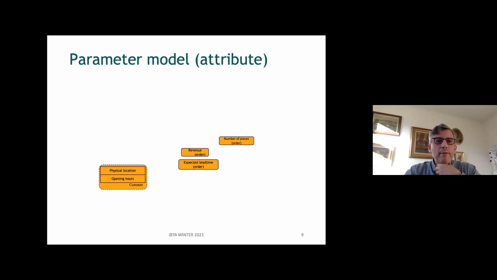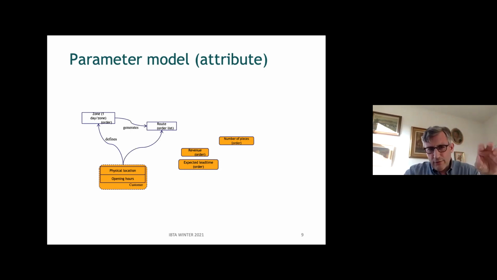But at least these parameters lead to, okay, you have, let's say, a type of order in a specific zone. And for each zone, each day they created a new route for the trailers. So all 3 trailers rode to those zones, and they had to define, okay, where do they have to drive?